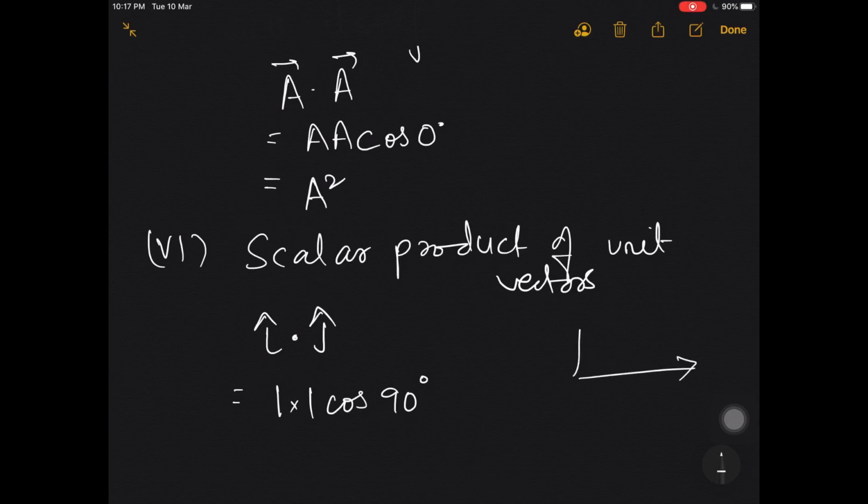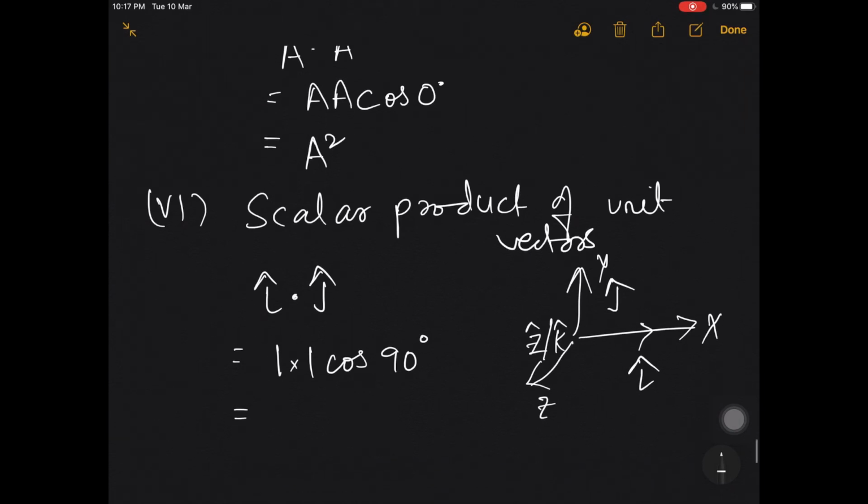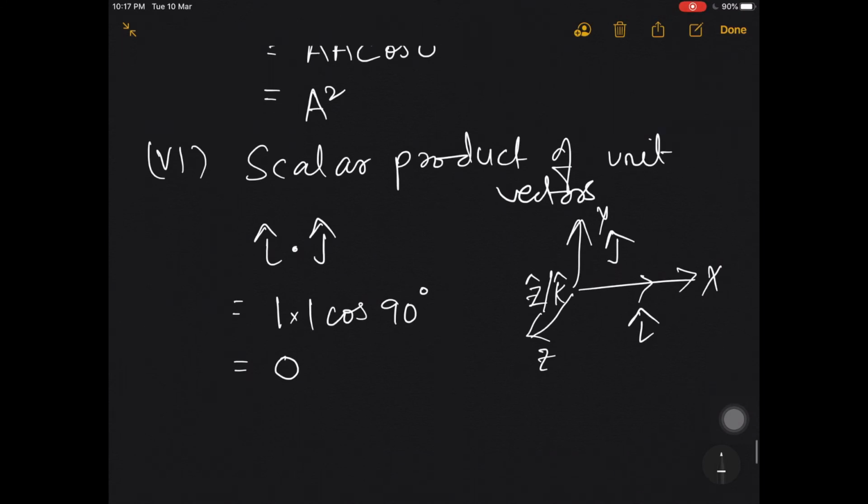If you remember the diagram I drew a few minutes before, i cap is a unit vector along the x-axis, j cap is a unit vector along the y-axis, and z cap or k cap, as we sometimes write, is a unit vector along the z-axis. So cos 90 is going to give you 0. So the dot product of two unlike unit vectors is going to give you 0.